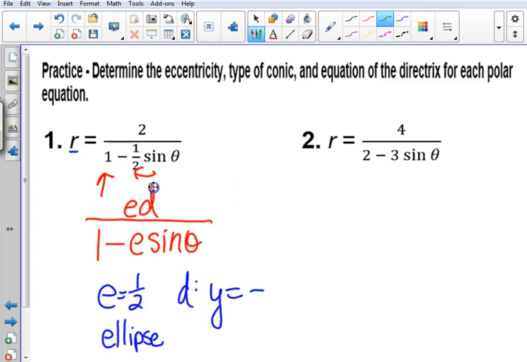Well, it says right here ED, right? And what did that top equal? 2. And what else do we know? E is 1/2. So we have 1/2 D equals 2. How to get rid of that 1/2?